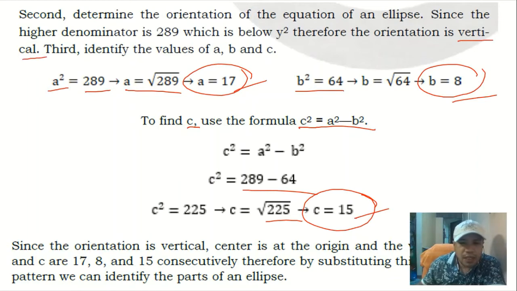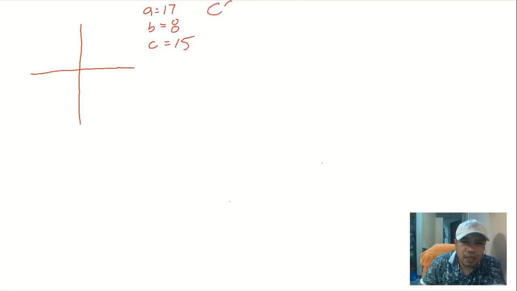Next is, i-plot na natin siya sa Cartesian plane. So, manually, gagawin ko muna siya. A is 17, B is 8, C is 15. Then, center is 0, 0. Orientation is vertical.